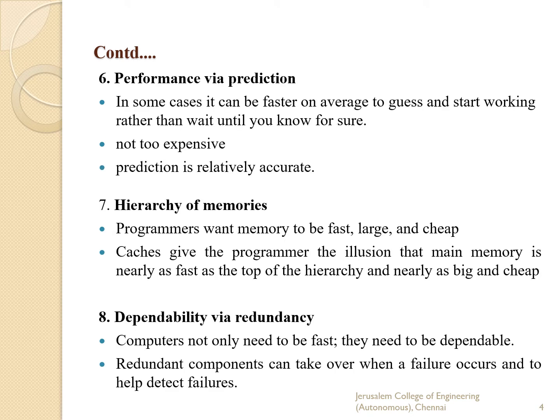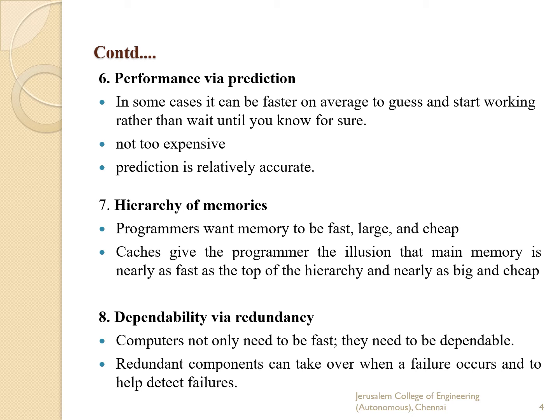The next one is improving the performance via prediction. We know the saying that it is better to ask for forgiveness than for asking permission. So the next way to increase your performance is via prediction. In some cases it can be faster, because you guess how it is going to work, and sometimes it is going to be faster, but sometimes the output may not be very sure.